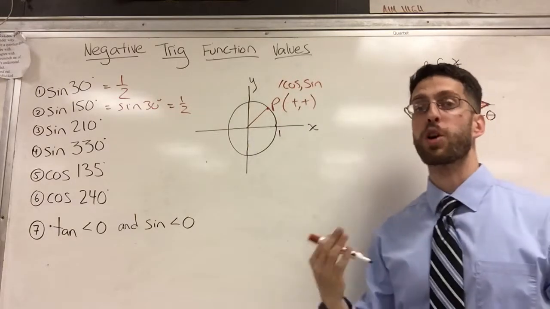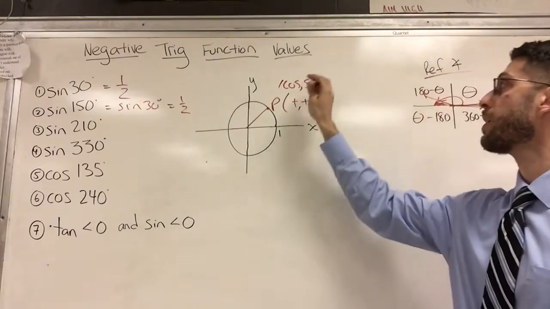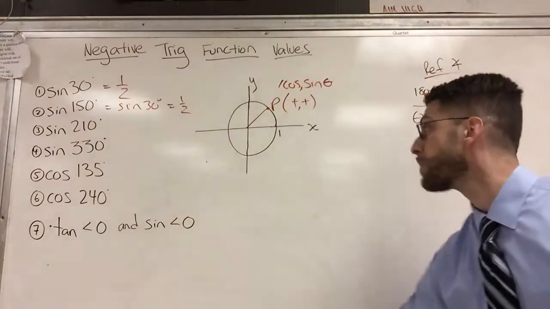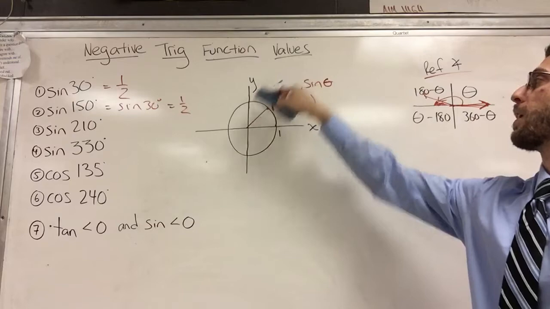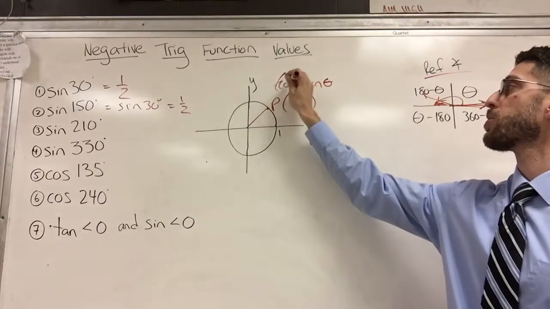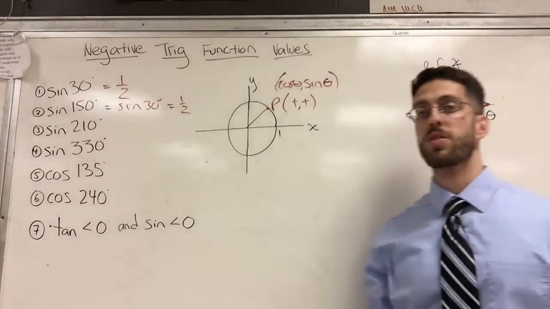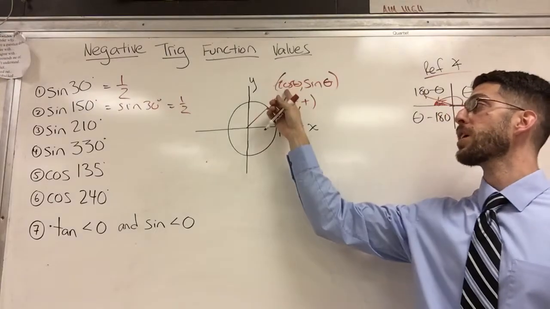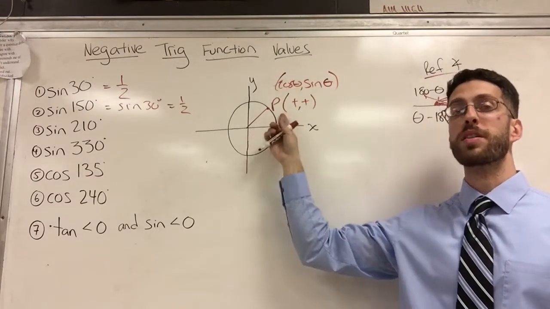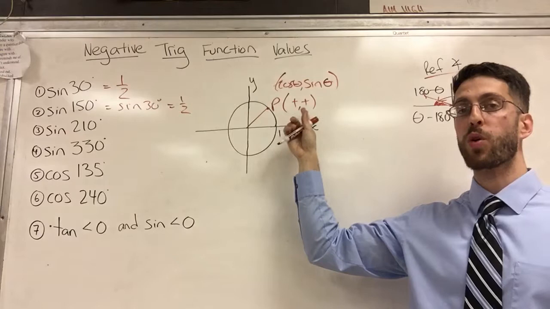I'll be even more specific: cosine theta comma sine theta. So what this is telling me is that the cosine of an angle in quadrant 1 is positive. The sine of an angle in quadrant 1 is also positive.